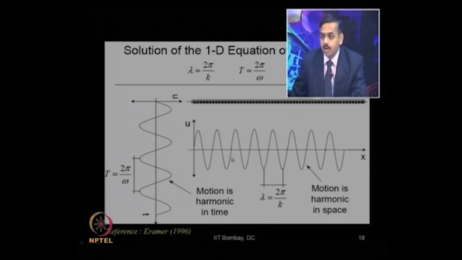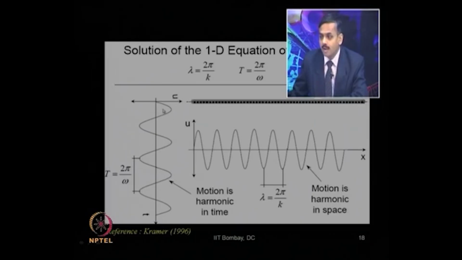The harmonic response will be something like this, because the solution which we have seen just now is harmonic in nature both in time scale as well as in space coordinate system. That is why the response will be something like this, where this is the definition of lambda, that is the wavelength equals 2 pi by k, k is the wave number. So, that is the relationship or equivalence we can say between the time coordinate system and the space coordinate system.